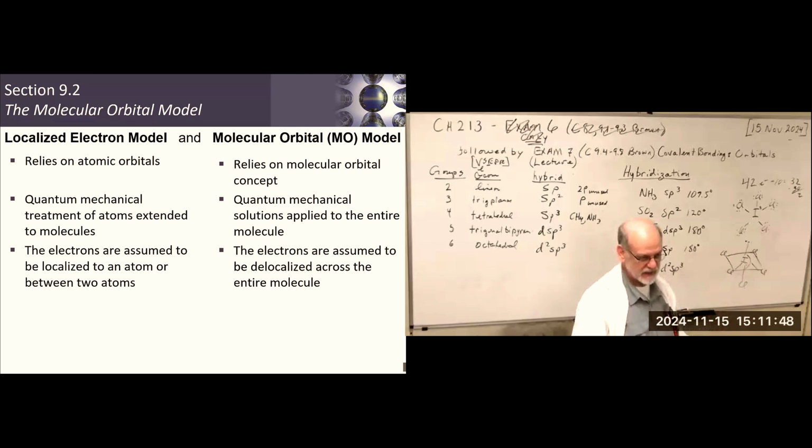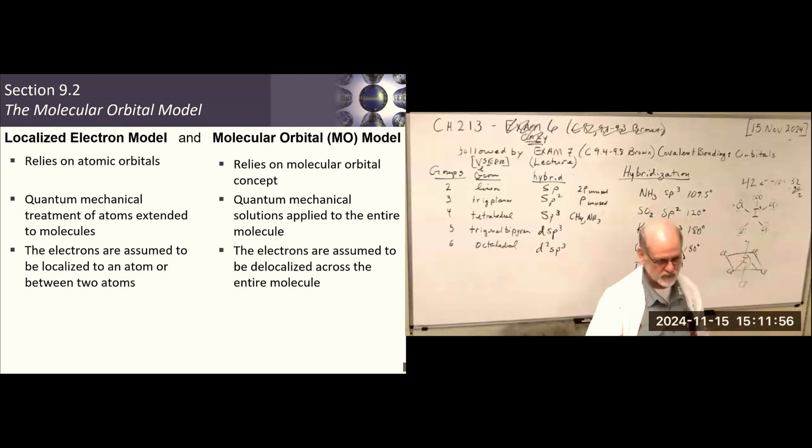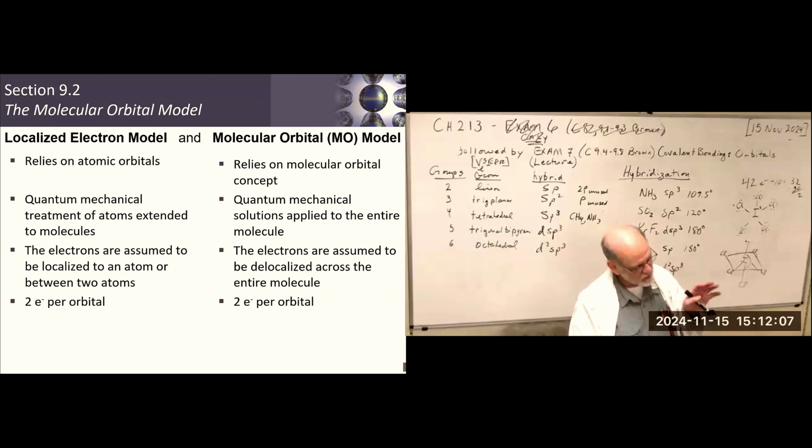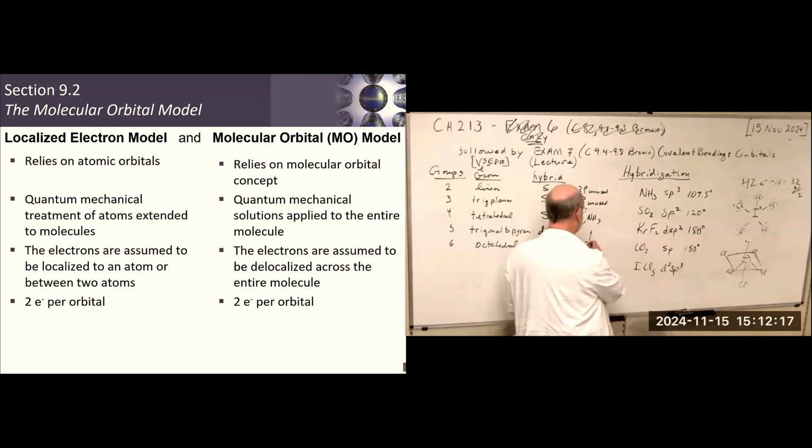And they're delocalized. When you see that word delocalized, the more delocalized you can make the electrons, the more stable the molecule. Spread those electrons out, decrease their energy. We still have 2 electrons per orbital. So when we calculate a molecular orbital, we can still only have 2 electrons in them. And we follow Hund's rule. In other words, degenerate orbitals can only have 1 electron first until they're all filled. So if we had, let's say, just 2 molecular orbitals, we'd go like that, and then we could start pairing them up.